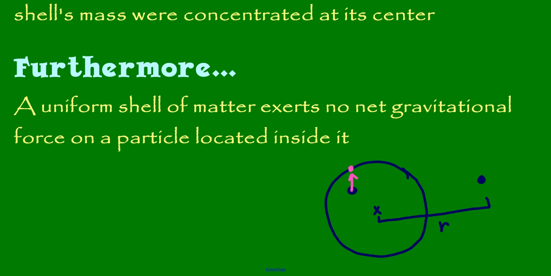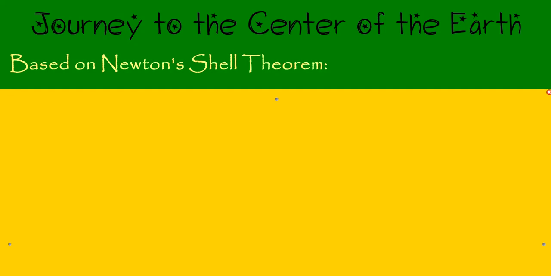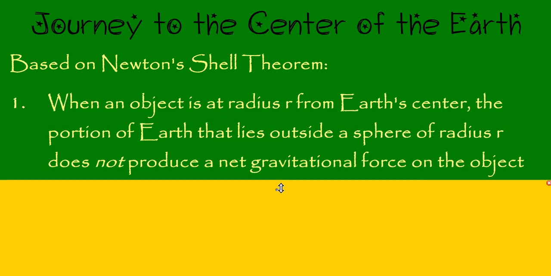Now, here's why that matters. We're going to think about what would happen as we were to go to the center of the Earth. So if we think about Newton's Shell Theorem, then when an object is at a radius r from Earth's center, the portion of Earth that lies outside the sphere of radius r does not produce a net gravitational force on the object.